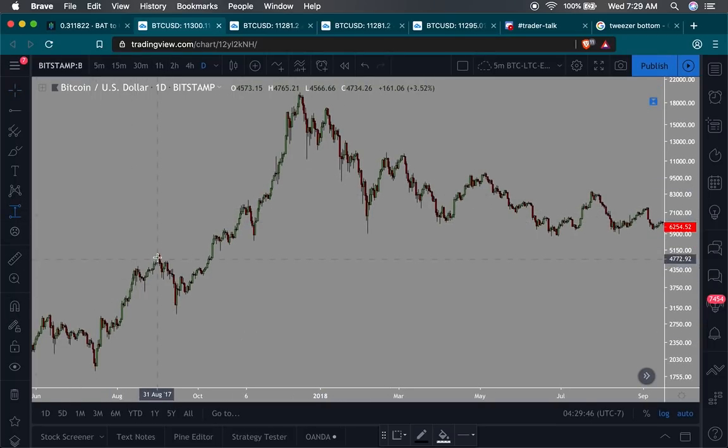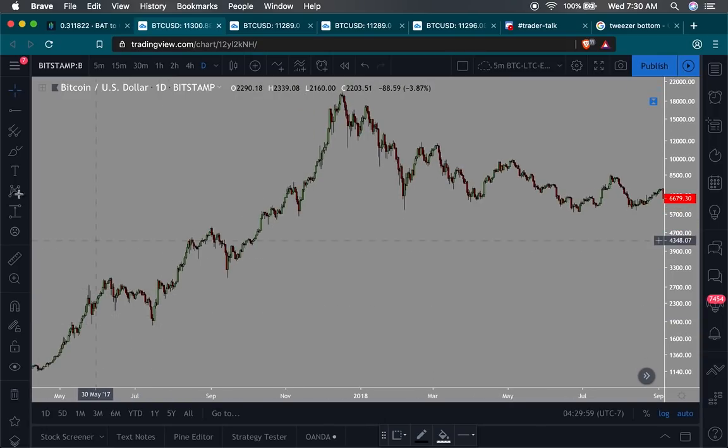Look over here, this is the 2017 bull run. That was about a 40% pullback, right? Over here from this top to this bottom, about 30%. Even down here, from this top to this bottom, about 38%, right?